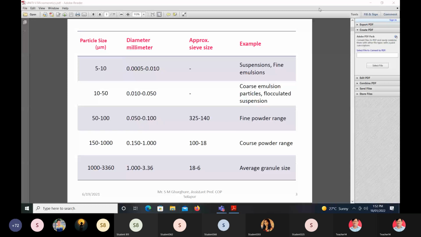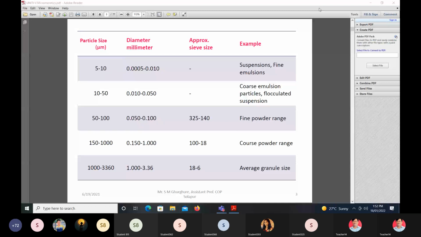And what are those particle sizes? Suppose the particle size ranges from 5 to 10 micrometer, particularly when we are talking about the different types of drug in disperse systems. Disperse systems like colloidal dispersion or coarse dispersion, particularly suspension and emulsion. In the coarse dispersion, the particle size ranges between 5 to 50 micrometer.